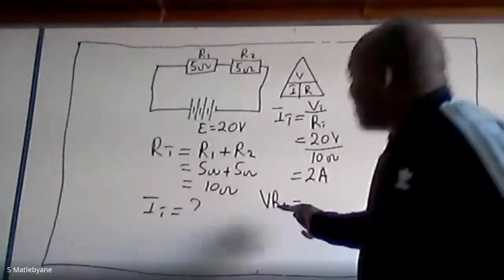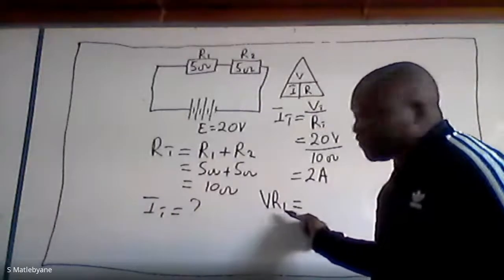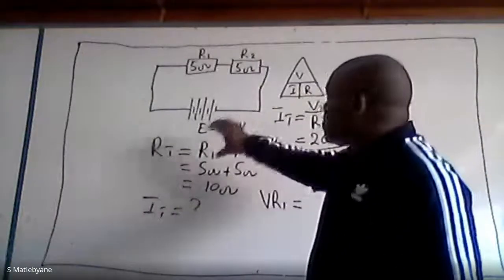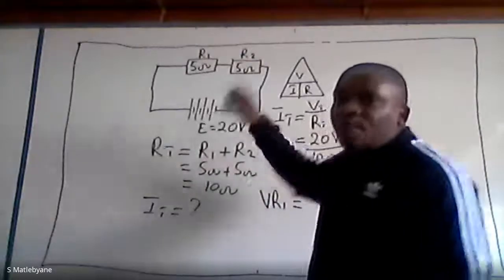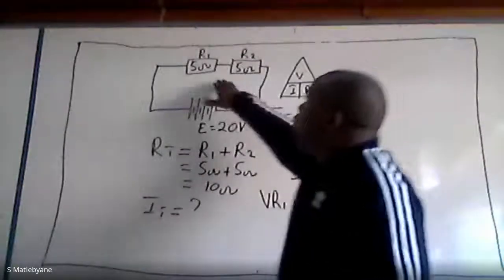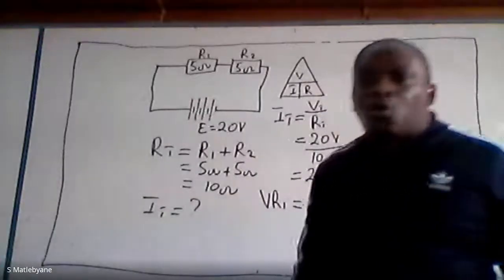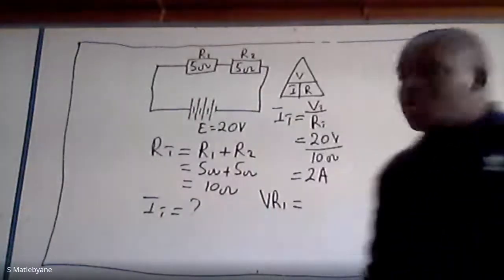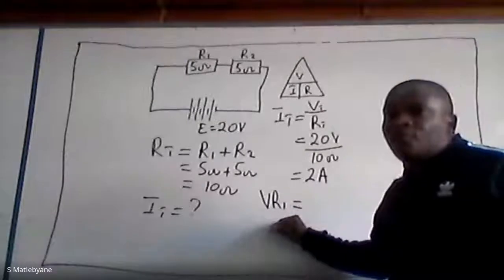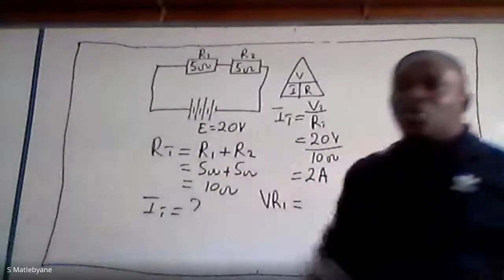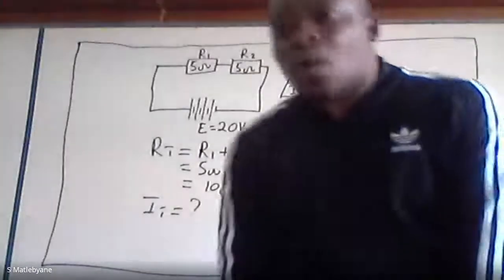VR1 stands for the voltage across resistor 1. We know that the total voltage of the circuit is 20 volts. But now we want to know what is the voltage that passes across resistor 1. So quickly calculate it for me and tell me what is the voltage across resistor 1.